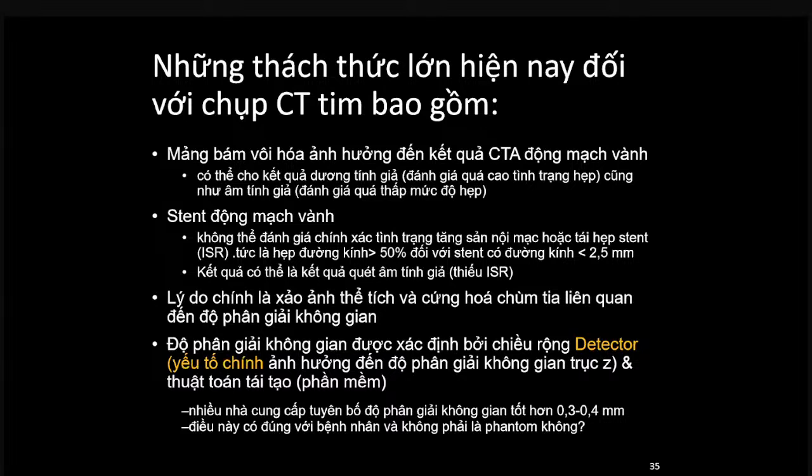But spatial resolution is also determined by the reconstruction algorithm used by the vendor. Many CT scan vendors claim better than 0.3 or 0.4 spatial resolution, but the question is, is this true in patients and not just in phantoms where they do the tests?